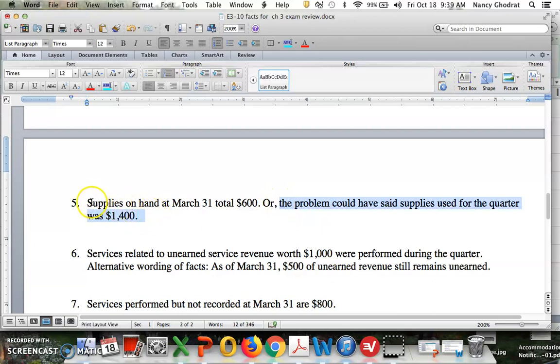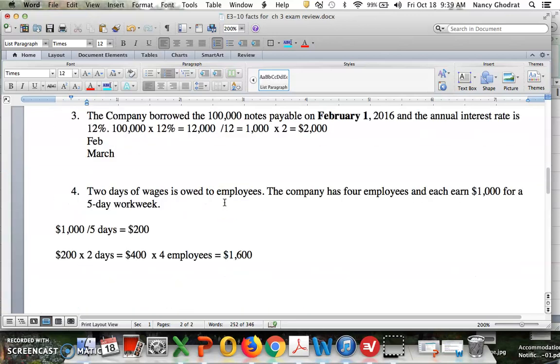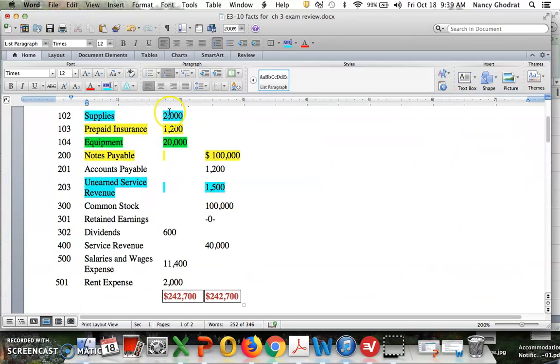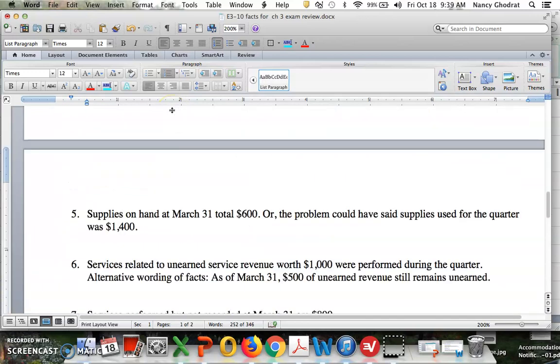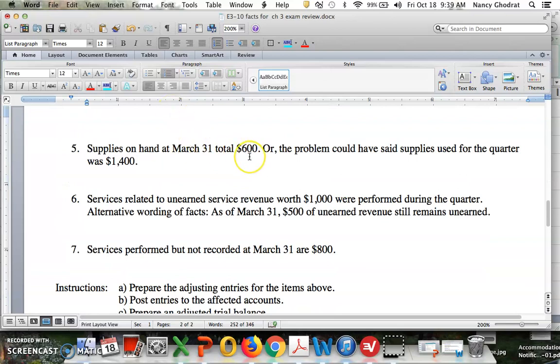The first way for supplies, they would tell you what is supplies on hand, and therefore you have to find what the supplies were to begin with minus supplies on hand to arrive at the amount used. Or they could just tell you the supply used was, in this case, 1,400. So either you have a subtraction to do, or the amount is given to you and you don't have to do anything. You just take the amount for your adjusting entry.